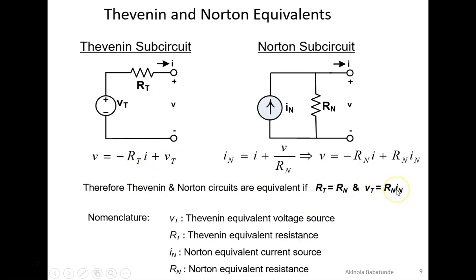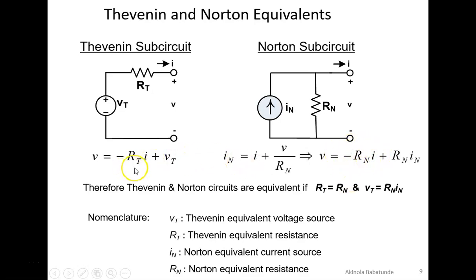Let me connect these dots for you. So if we equate V equal to minus Rt i plus Vt, and then we equate it to V equal to minus Rn i plus Rn in. Okay, Rt i can be equated to Rn i, because this is V, this is V. So the coefficient of i in this equation is minus Rt, and the coefficient of i in this equation is minus Rn.